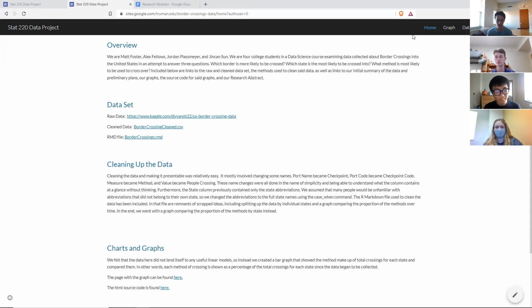Furthermore, the state column previously contained only the state abbreviations. We assumed that many people could be unfamiliar with abbreviations that did not belong to their own states, so we changed the abbreviations to full state names using the case_when command.